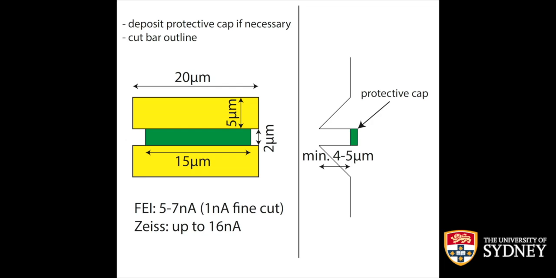Before you do that, you might want to put down some protective capping, depending on whether you've got a thin film or bulk sample or just a grain boundary. There's actually a variety of choices. The easiest one is just putting down something in the FIB, but you can also deposit some sort of sputtered film beforehand.